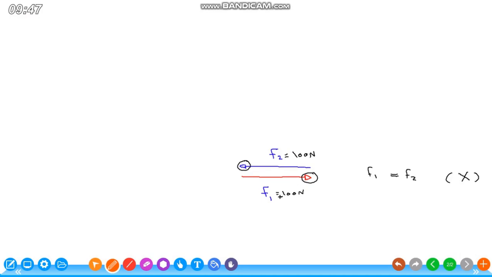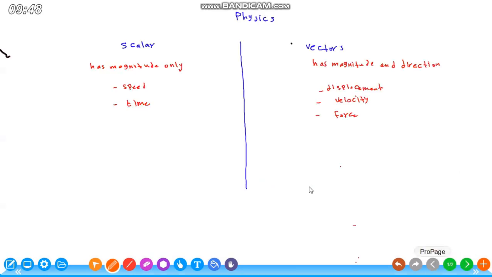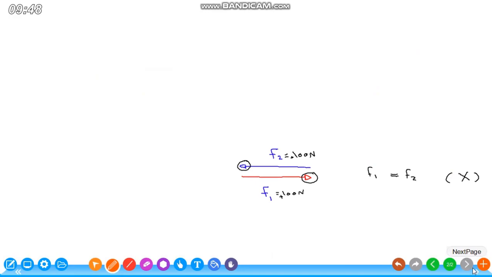For example, we can say this plus 100 and this is minus 100, okay? Opposite direction. When we talk about vectors, don't forget vector has magnitude and direction. You have equal vector, they should be equal in magnitude and equal in direction.